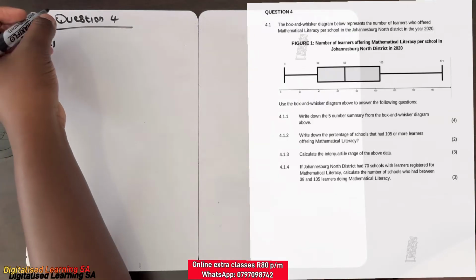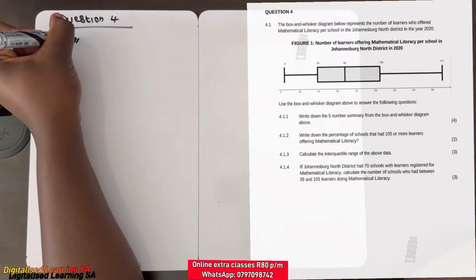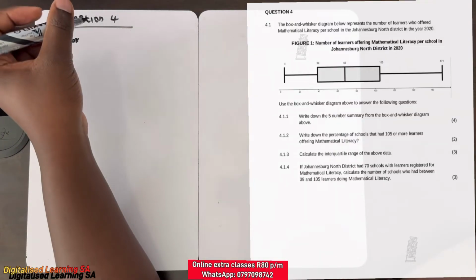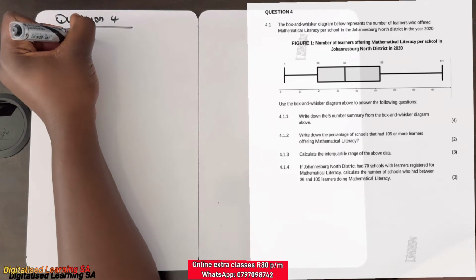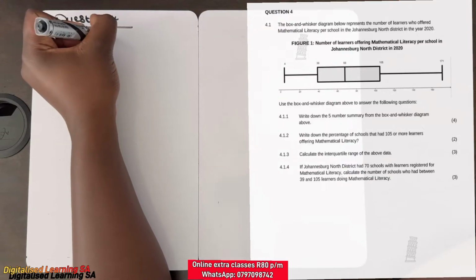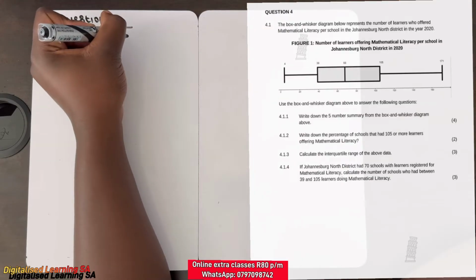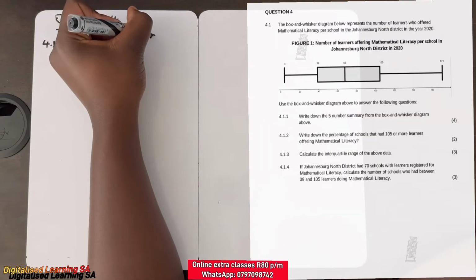And you can see that this is a box and whisker diagram question.